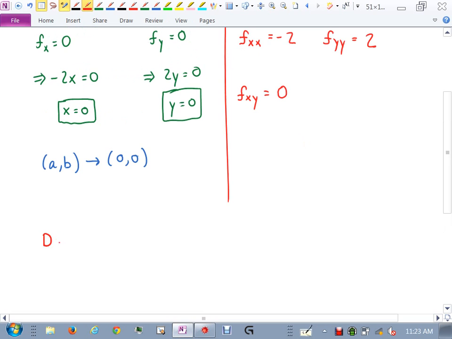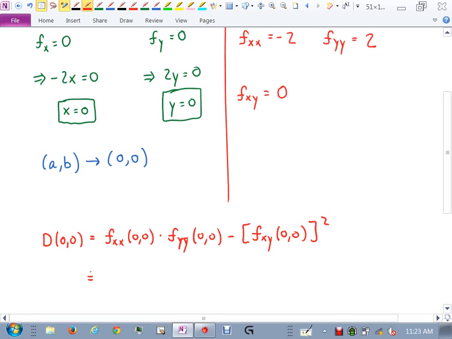D of 0, 0 will be the second partial with respect to x at 0, 0 times the second partial with respect to y at 0, 0 minus the partial with respect to x, then y at 0, 0, all of that squared. But we just said that that's, what's this?